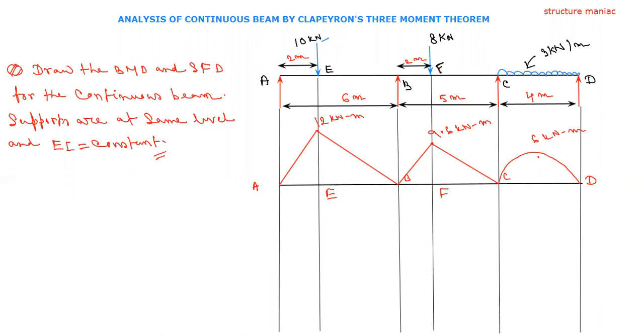For the supports, we have the negative bending moment 6.84 kilonewton meter here, and at point C we got 4.49 kilonewton meter. So we just need to join them also. This was the negative bending moment. So now this one is your resultant BMD.